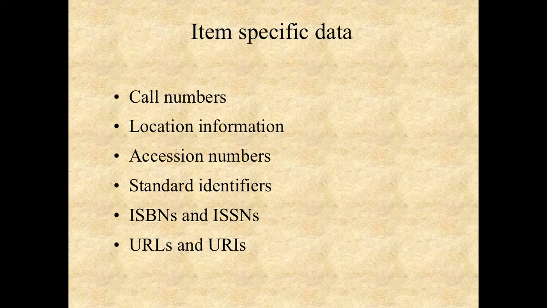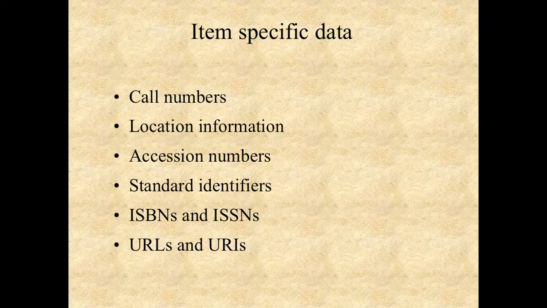And then finally, we get down to the level of item-specific data. So we're talking about here things that, say, differentiate one item from another. So this might be things like call number, or location information, or accession information, accession numbers, or URLs, or shelf locations, and so on.